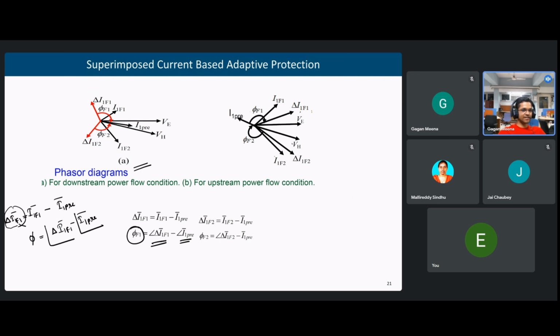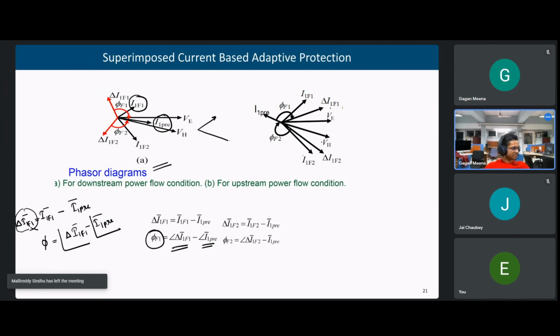If we see this diagram, this is the fault current and this is the pre-fault current. So this will be the superimposed component.